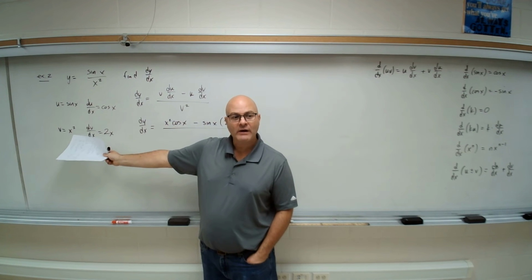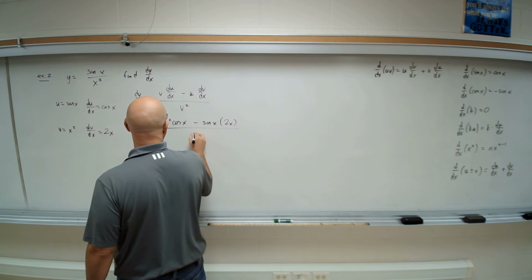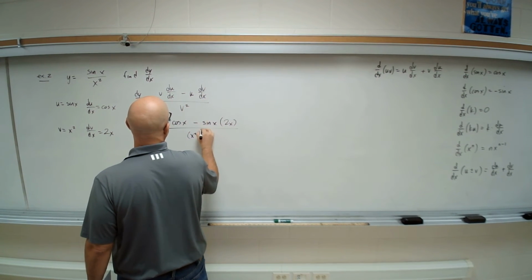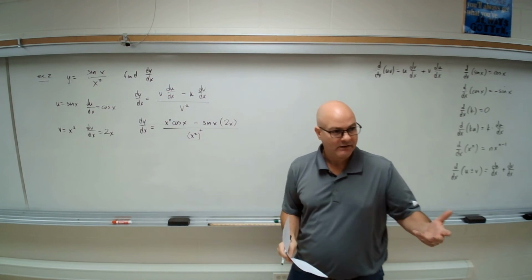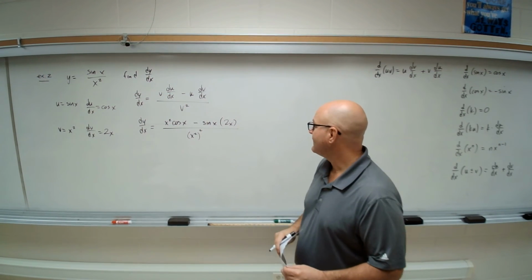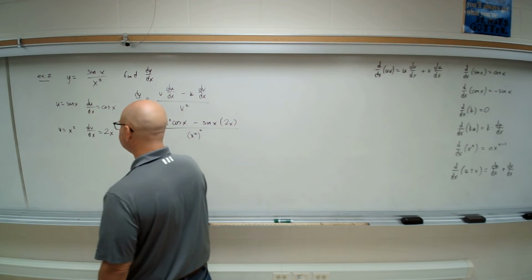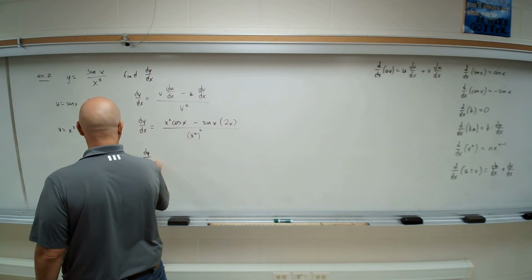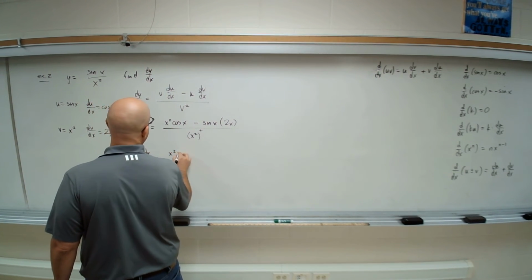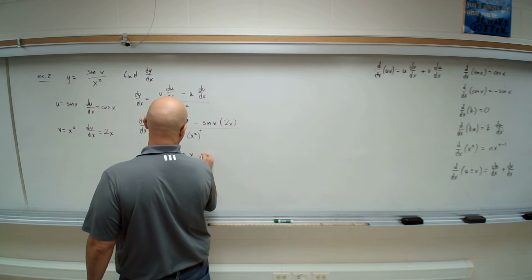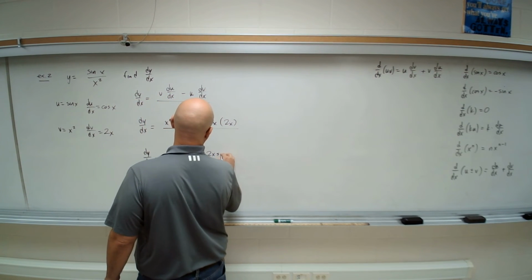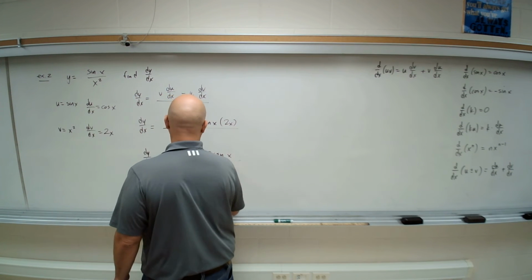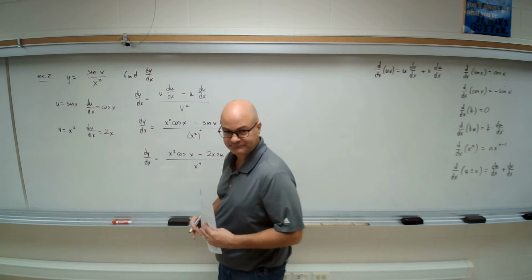So v was x squared, so we're going to square the square. So now at this point, to simplify the numerator, we get x squared cosine x minus 2x sine x over x to the fourth.